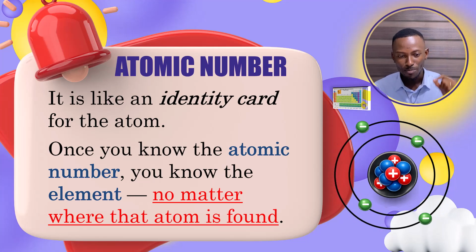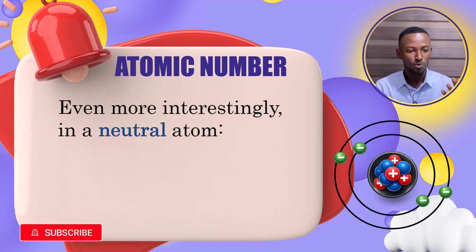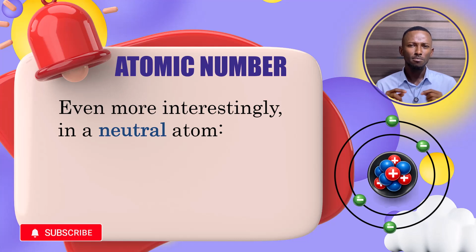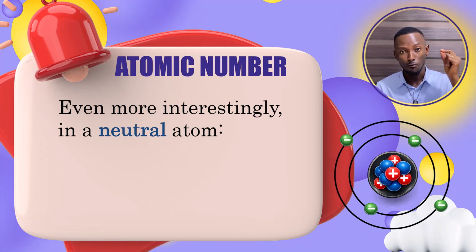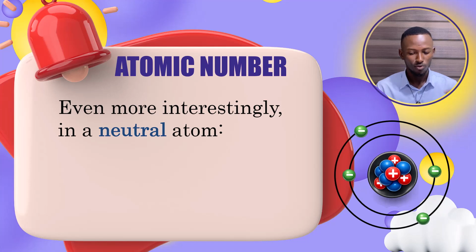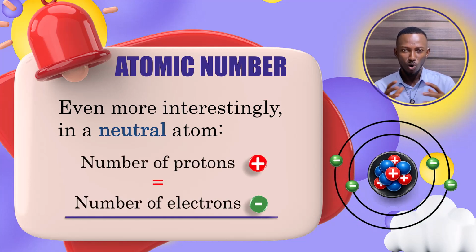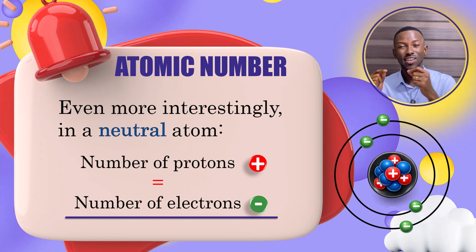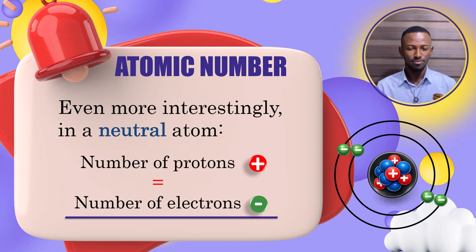So atomic number is cleared and well understood, I hope so. But even more interestingly, when it comes to atomic number, which refers to the number of protons in the nucleus, more interesting is when we are talking about neutral atoms. What does that mean? The number of protons is always equal to the number of electrons in neutral atoms.